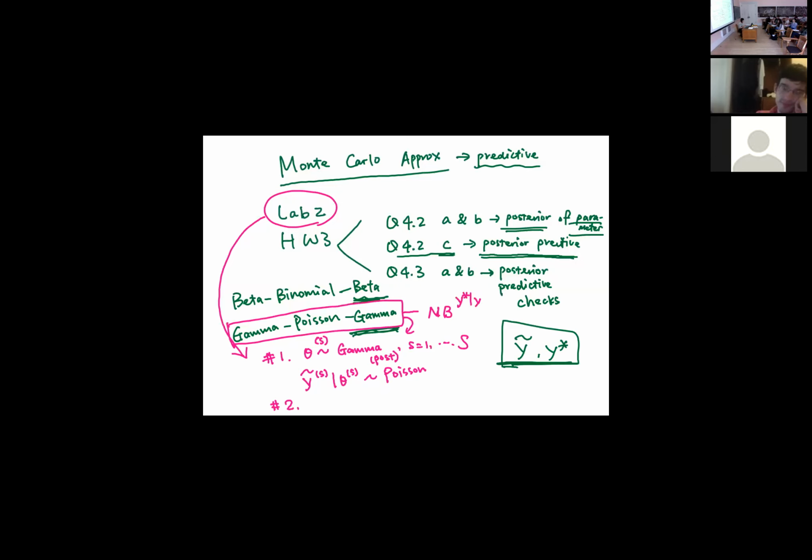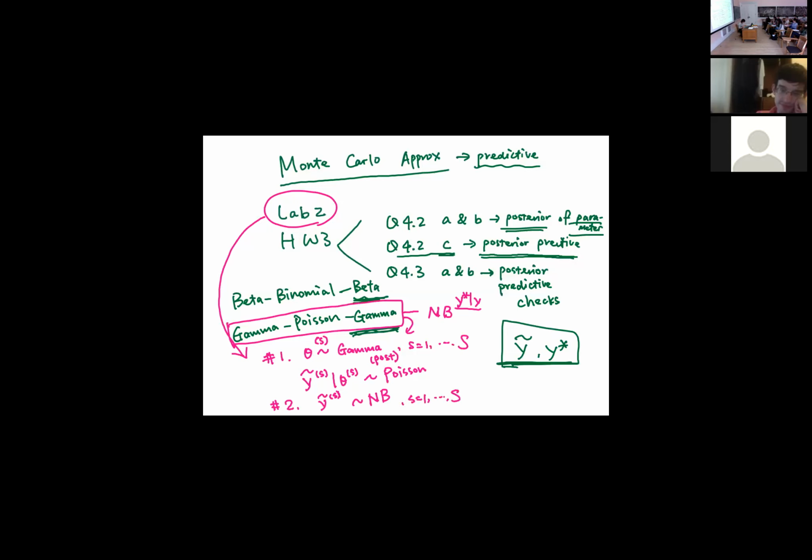So back then, I was saying, in lab 2, how about you also verify by directly generating from the derived analytic solution of the negative binomial. You know what the distribution is, you know the hyperparameters, so you can generate a bunch of y tilde over there, and again, S is from 1 to capital S.